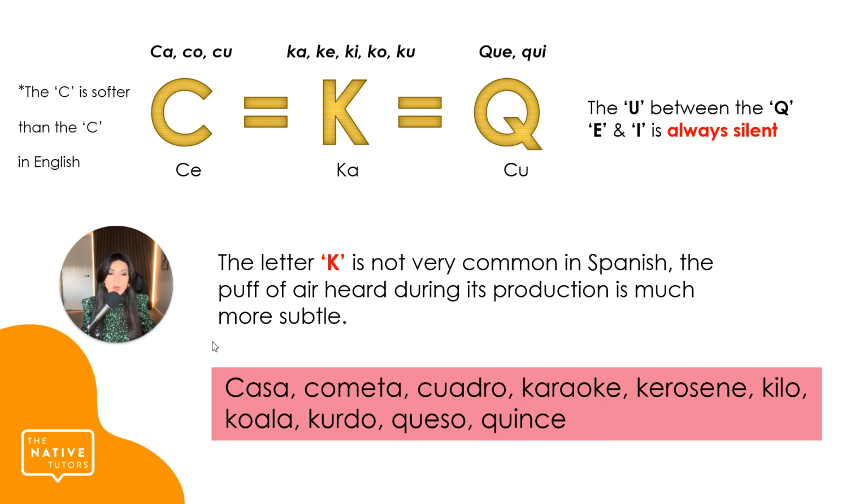Okay, so now you know the C is a little bit softer. Okay, casa, cometa, cuadro, karaoke, querosene, kilo, koala, curdo, queso, quince.